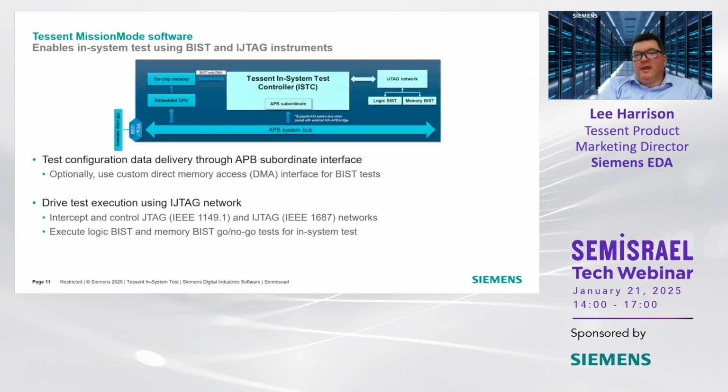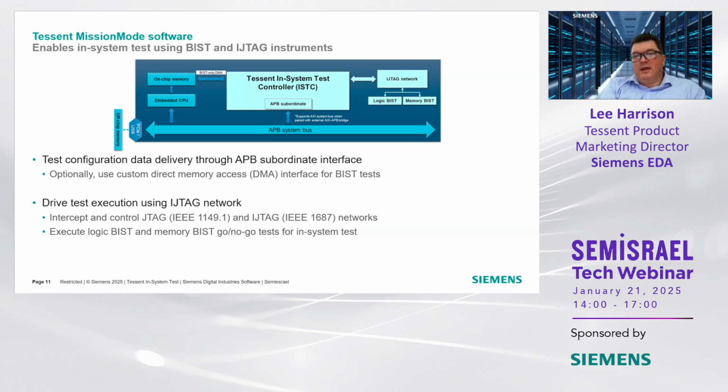So if we look at the overall product offerings from Siemens EDA and Tessent. As I said, in-system test has been around for quite some time. We've had a product out there in the market since about 2016 called Mission Mode.